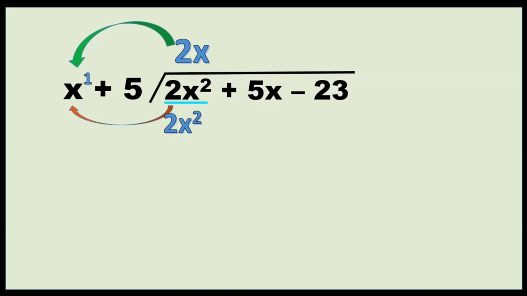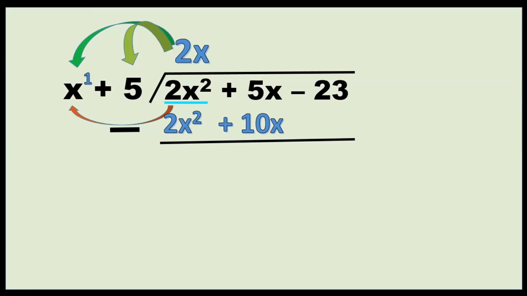When we multiply terms, we add their exponents, so 1 plus 1 is 2. Then 2x times 5 is 10x.